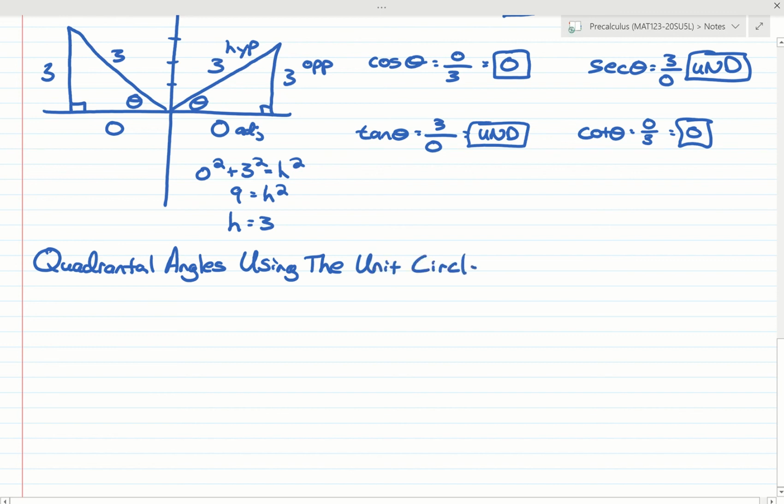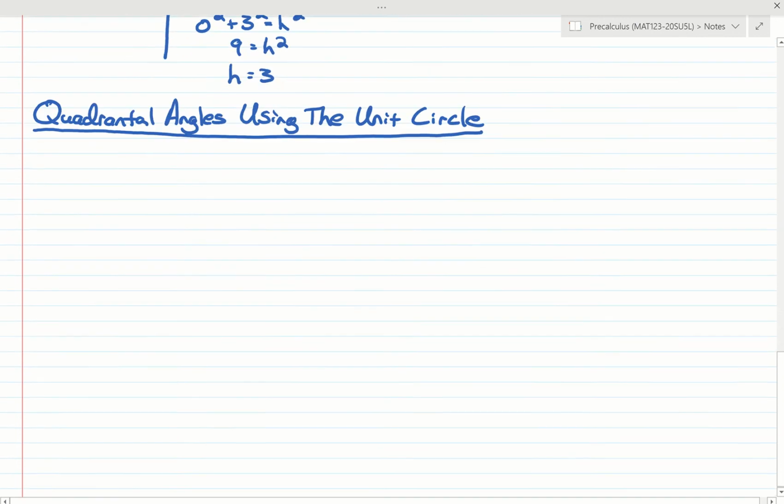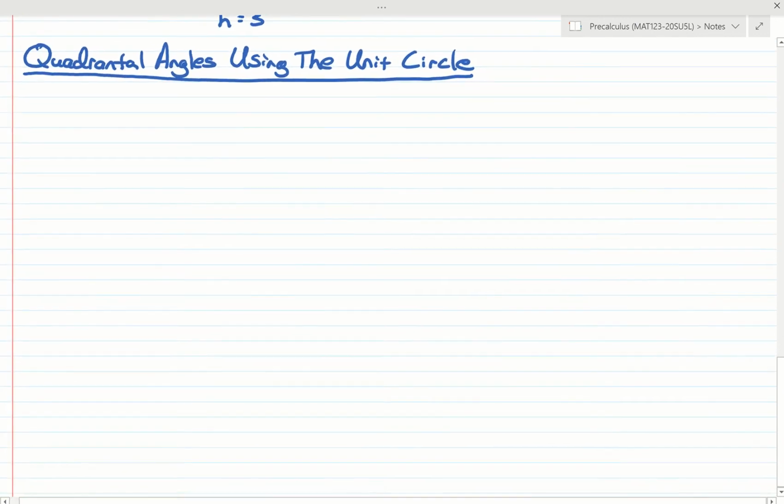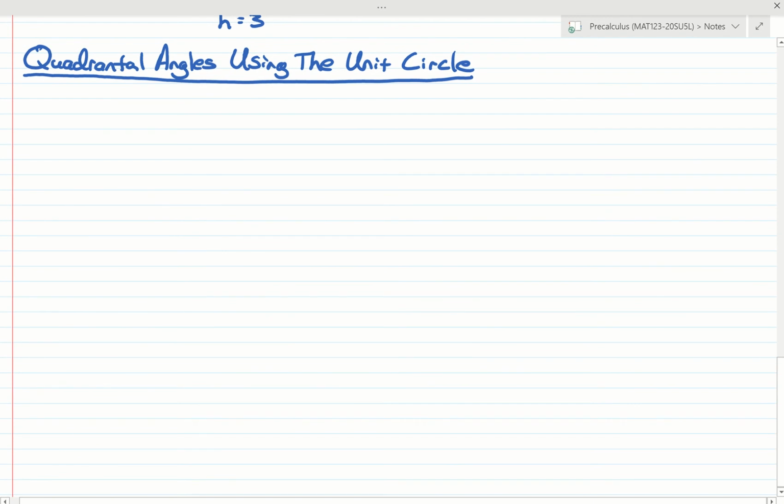We're going to have an in-depth conversation about the unit circle coming up. I really don't like the unit circle. What tends to happen is people memorize values and they're not quite sure where they come from. I'd rather you be able to figure them out on your own to answer problems instead of just memorizing numbers. So we'll have more of a discussion about that coming up.